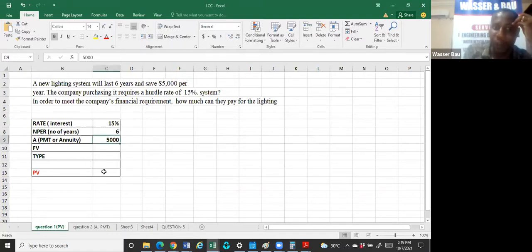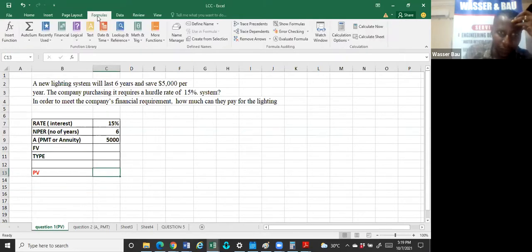So now we're looking for the present value. So what you do is you put your mouse on this present value, because that's where you want to see the results. You now go to formulas.